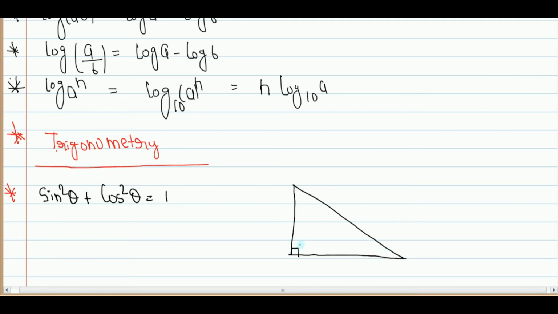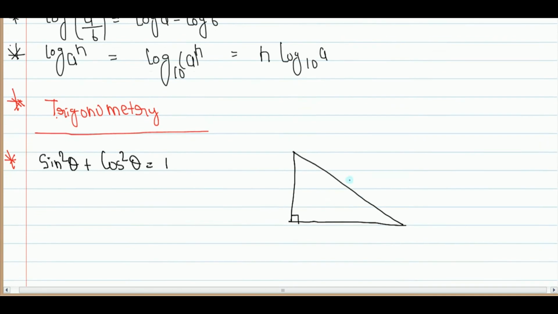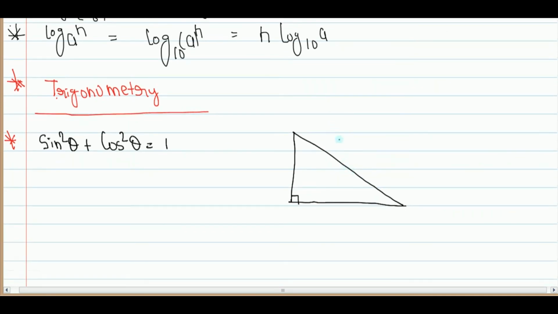Means out of the three angles of a triangle, if one angle is a right angle, so here is the deal. Let's say this is the side C, this is A, and this is B. A is the perpendicular, B is the base, and C is the hypotenuse of the right angle triangle.